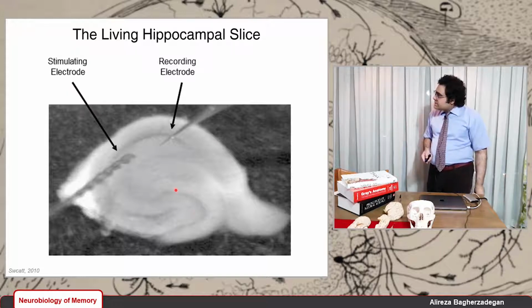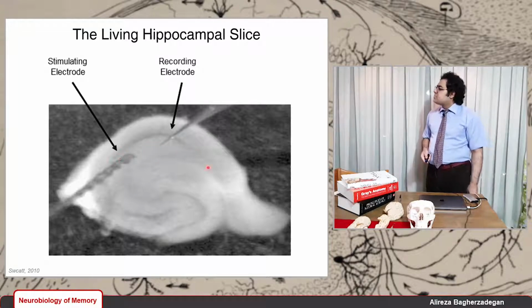I guess that this is the dentate gyrus. This is the CA4, CA3, CA1. So, yeah. Sorry.